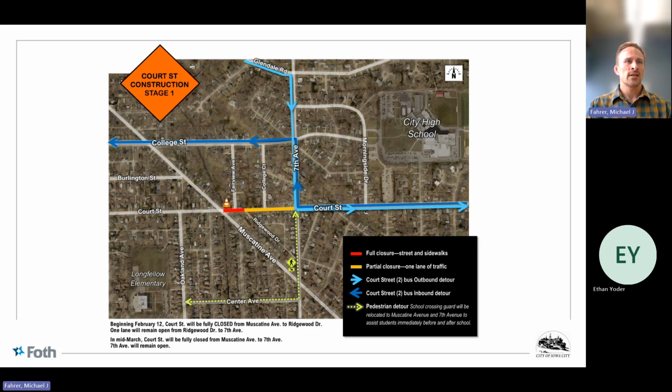There'll be pedestrian signage out there with arrows that will direct kids to utilize South 7th there, crossing Muscatine Avenue to get down to Center Avenue, and then ultimately get over to Longfellow Elementary. There will be a school crossing guard at the intersection of South 7th and Muscatine Avenue, just to make sure that kids are able to safely cross the roadway there.